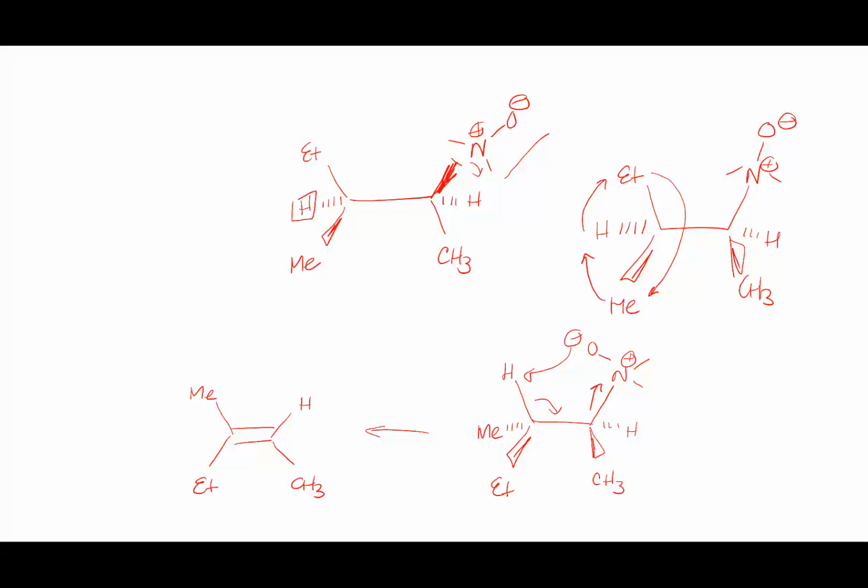Which, coming from the same molecule, in one the methyl groups would have been cis, and in the other the methyl groups would have been trans. Which is which? That's why you have to write out the intermediates.